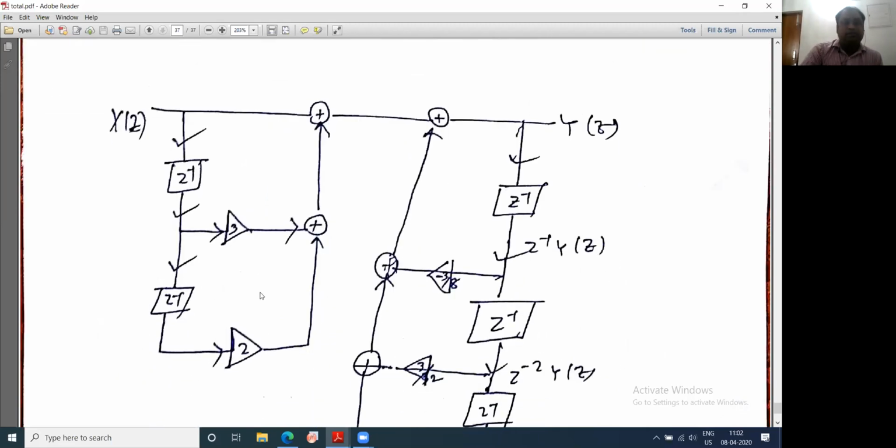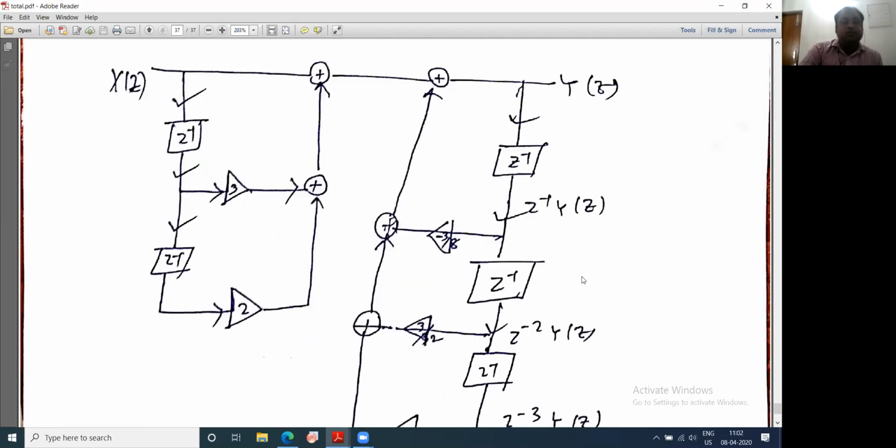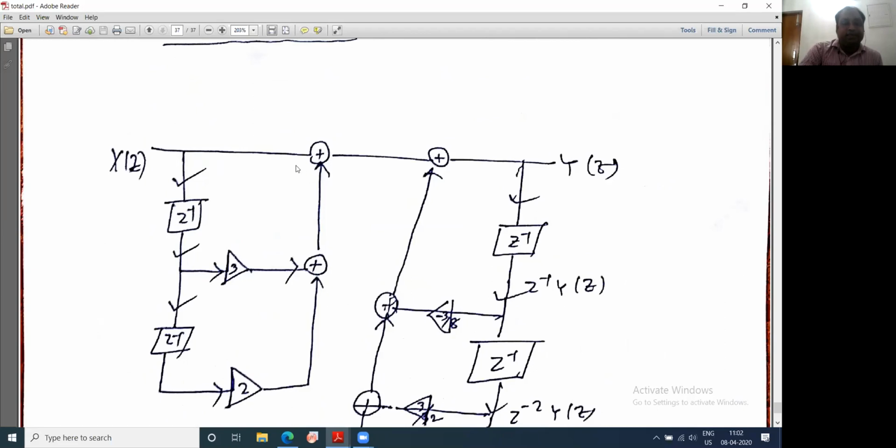Again, direct form 1 realization. On the input side you have delay, and on the output side you also have delay. So this is X(z), and here we have z inverse X(z), and here it will be z to the power minus 2 X(z). They are multiplied by 3 and 2 and added together coming here.